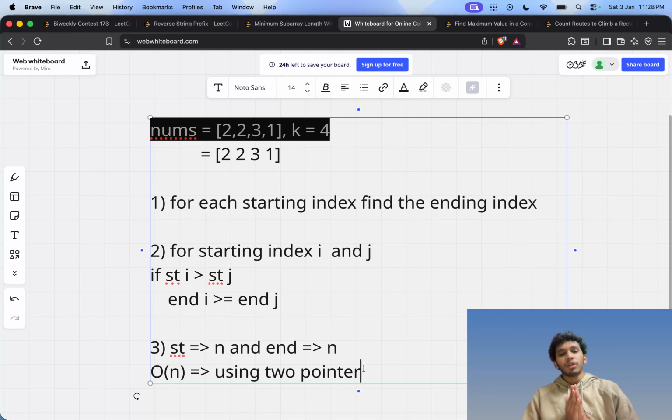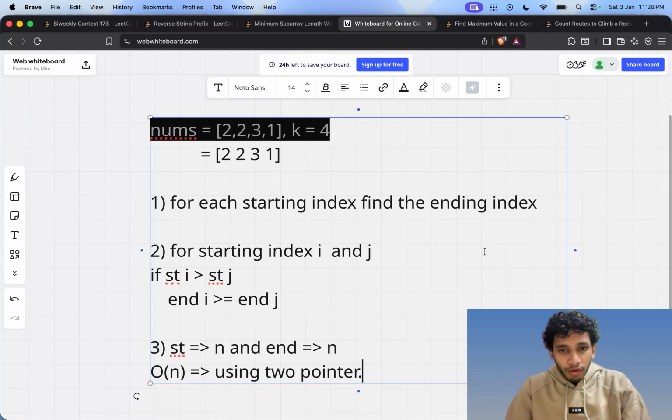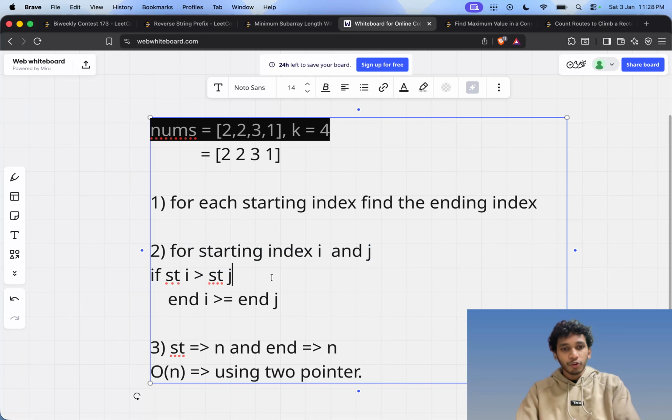Alright, now how can you solve this? Will the initial two-pointer approach work again? Yes, it should, because this monotonicity holds here as well: if the starting index is greater, then the ending index will also be greater than or equal.